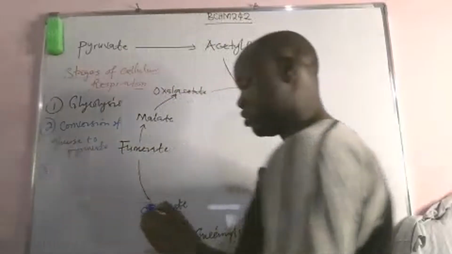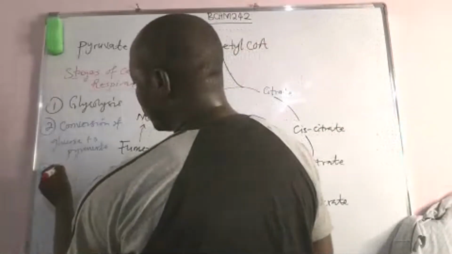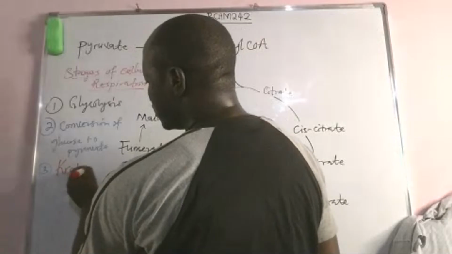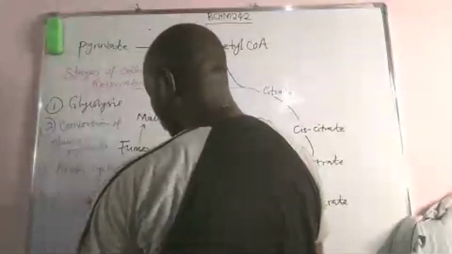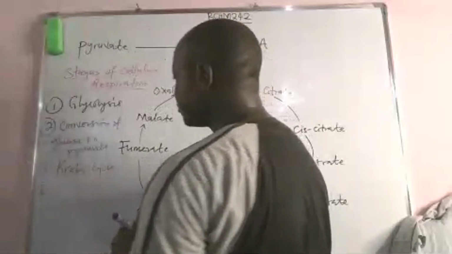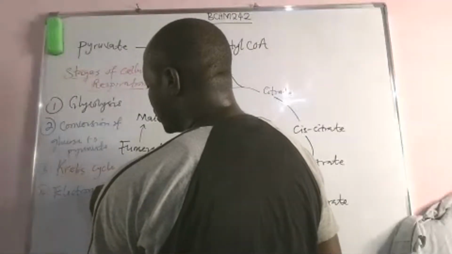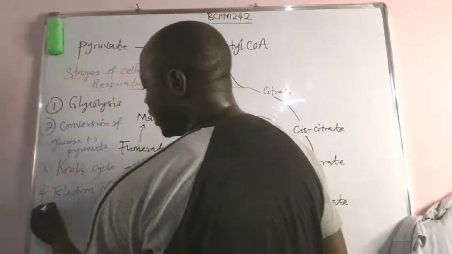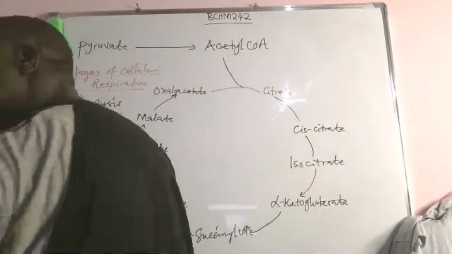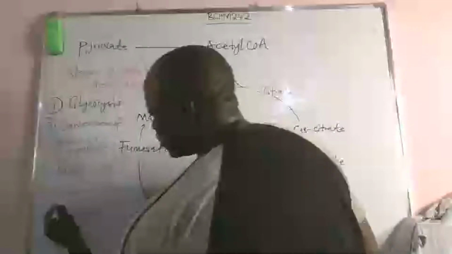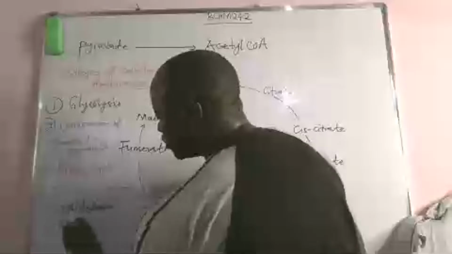Number 3, we have the Krebs cycle. And number 4, we have the electron transport chain and oxidative phosphorylation.